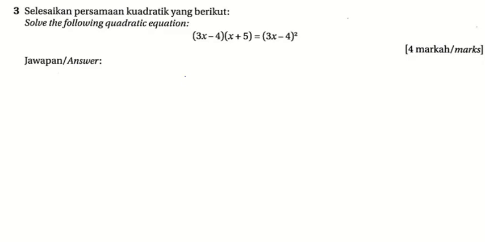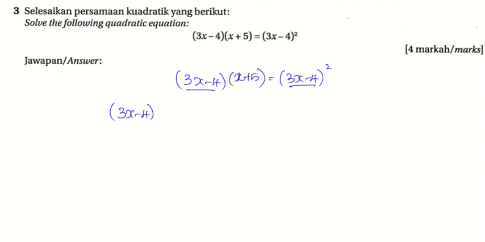Alright, 3x minus 4 times x plus 5 equals to 3x minus 4 squared. So you see how I do these questions. I underline this and I underline this. It's the same thing. So 3x minus 4 times x plus 5 minus 3x minus 4 square equals to 0. This one bring over. Then after that you have 3x minus 4.